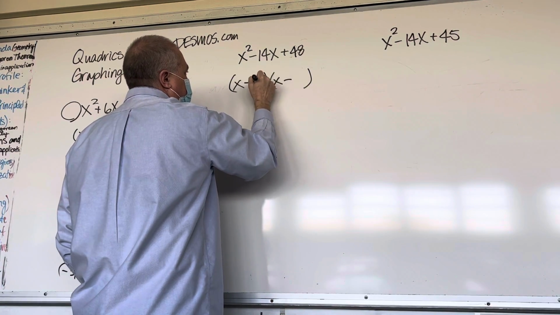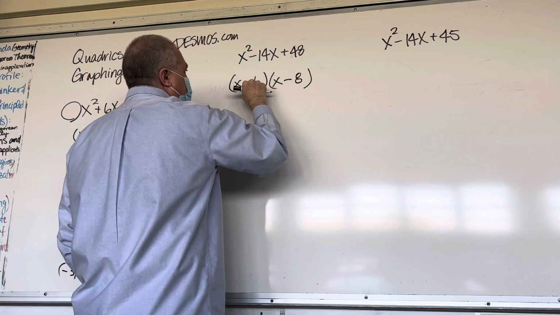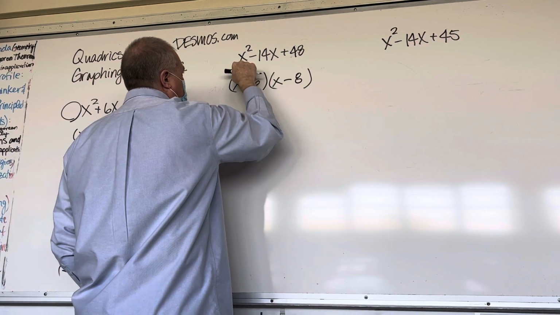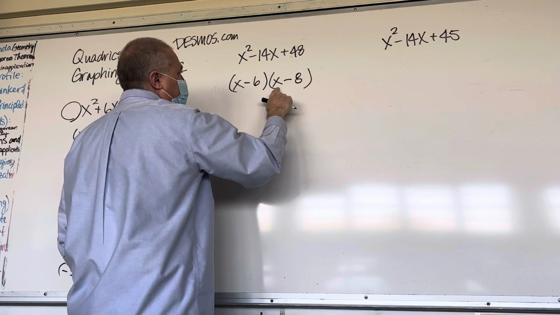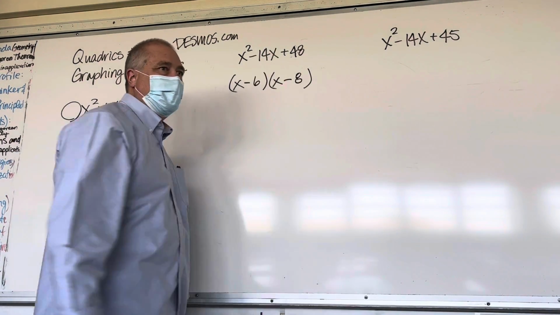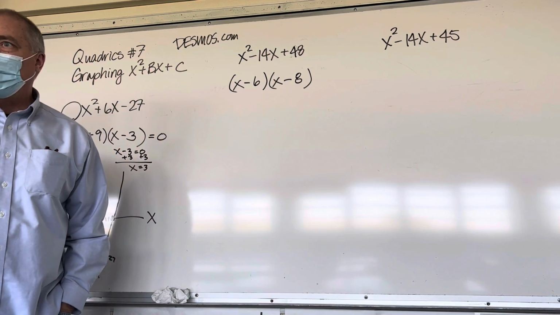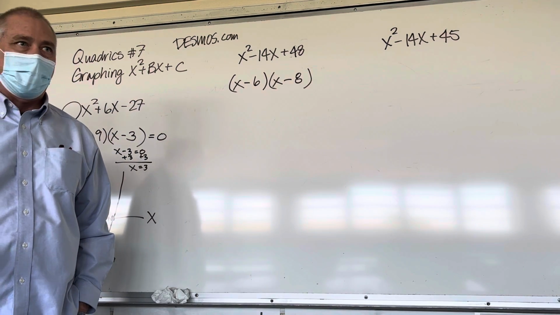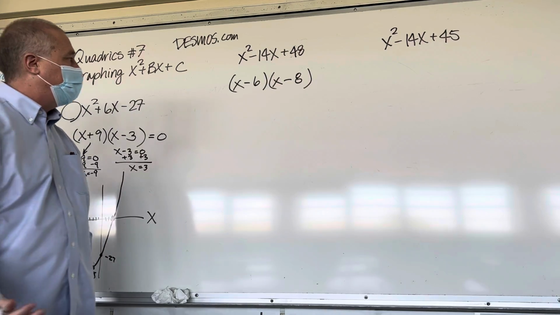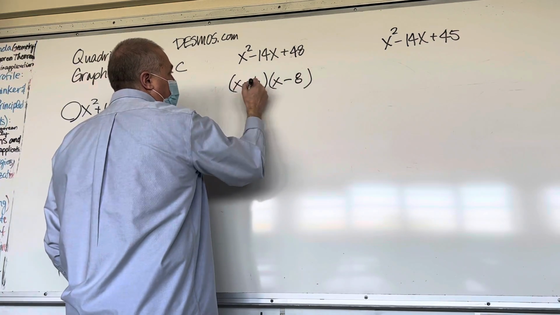We know it's a negative 6 and a negative 8, because negative 6 times negative 8 is a positive 48. We know that x times x is here at x squared, and we know that negative 6x minus 8x is minus 14x. So we're foiling it very quickly in our mind and just checking that we've got it right? We're zooming through that.